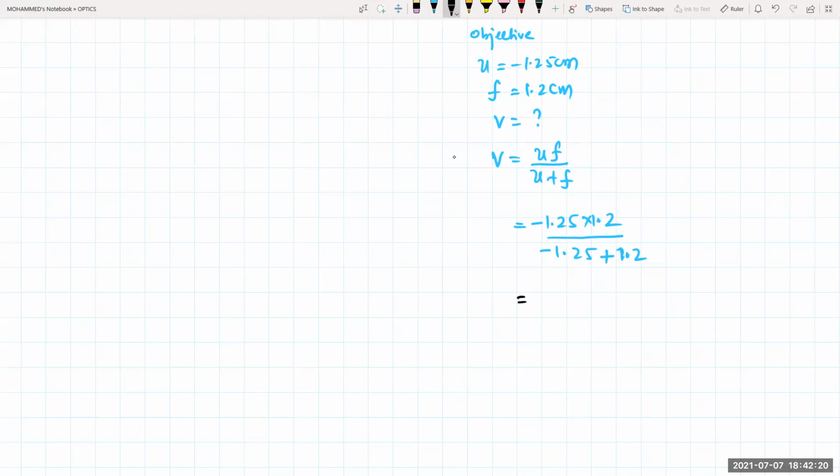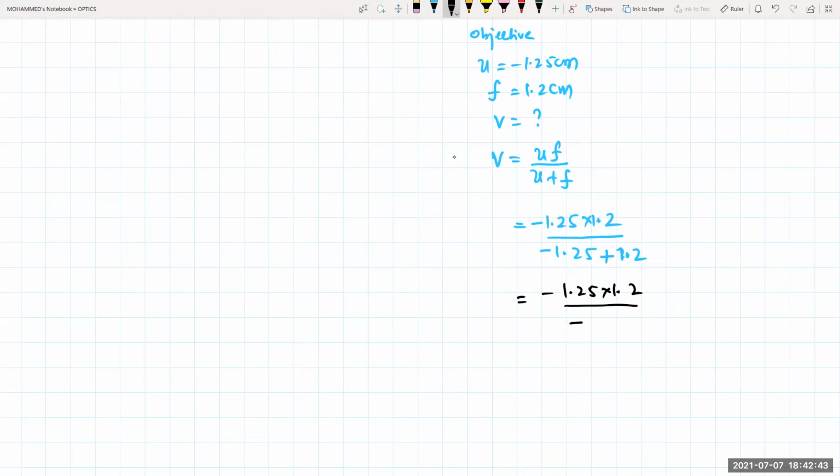Can I cancel this minus and minus, beta? Yes, sir. So this is minus 1.25 into 1.2 divided by 1.25 plus 1.2. How much is it, beta? 2.45, sir. Minus 1.25 plus 1.2, right? It'll be minus plus minus, minus.